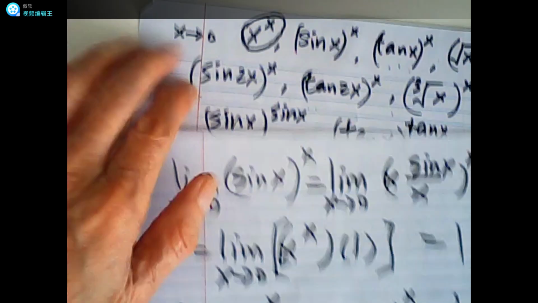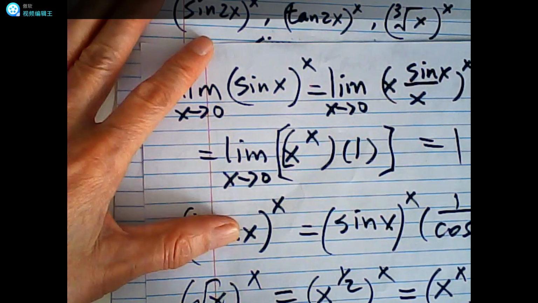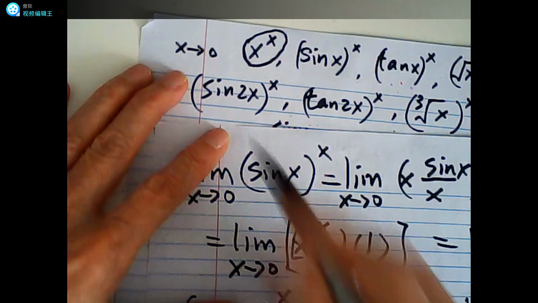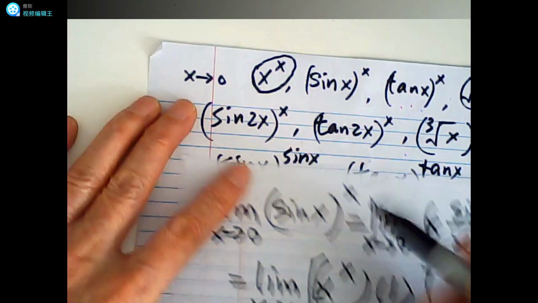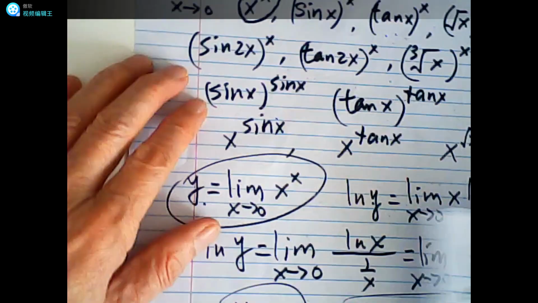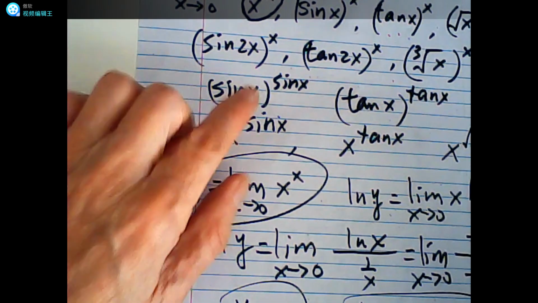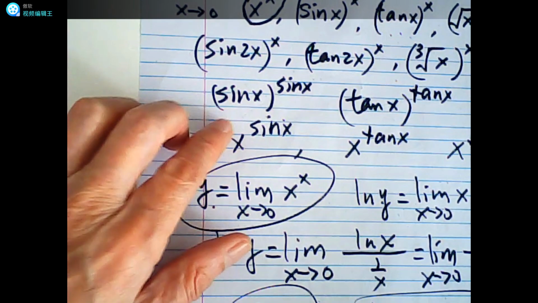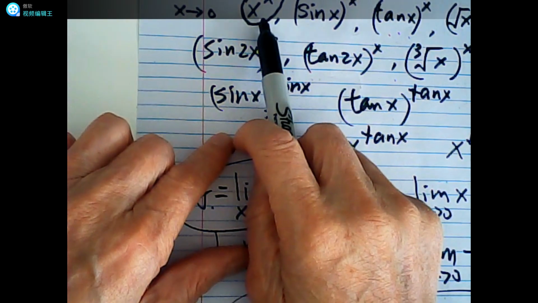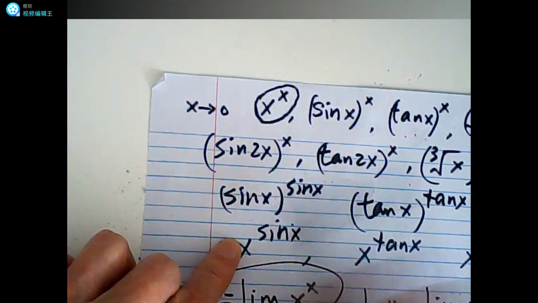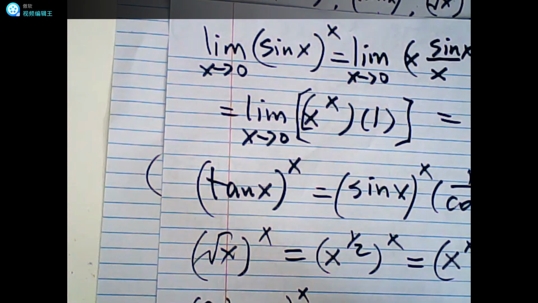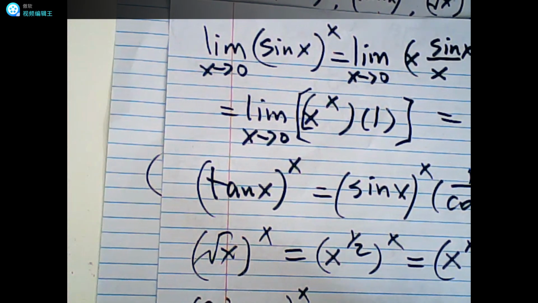Now, next one, sine 2x to the power of x. Now, many times when we meet these kinds of limits, as we know this basic limit, we can find the others very easily. That's what I meant. So this one is equal to 2, right?